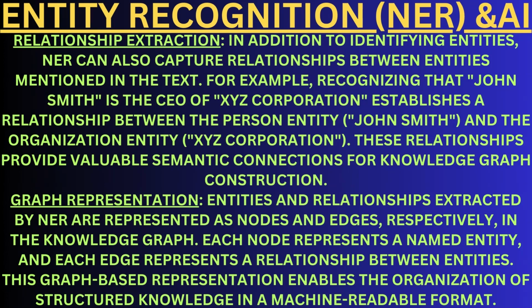Graph representation. Entities and relationships extracted by NER are represented as nodes and edges, respectively. In the knowledge graph, each node represents a named entity and each edge represents a relationship between entities. This graph-based representation enables the organization of structured knowledge in a machine-readable format.